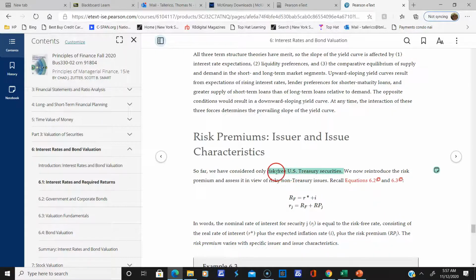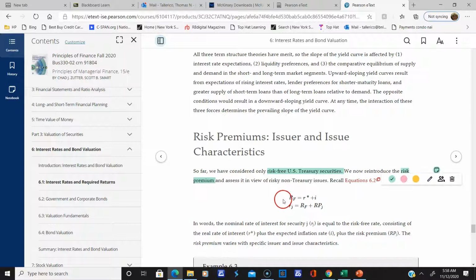Risk-free in that sense means that a bond will not default, okay, and you'll always get your money back. Now, when you buy corporate bonds, some of these companies like Enron or companies that are in trouble like Sears and Macy's, they have risk because they may default. So if you buy a bond from a corporation and they're in trouble, you have to add a risk premium. And that gets added to the overall risk that we have here, okay?